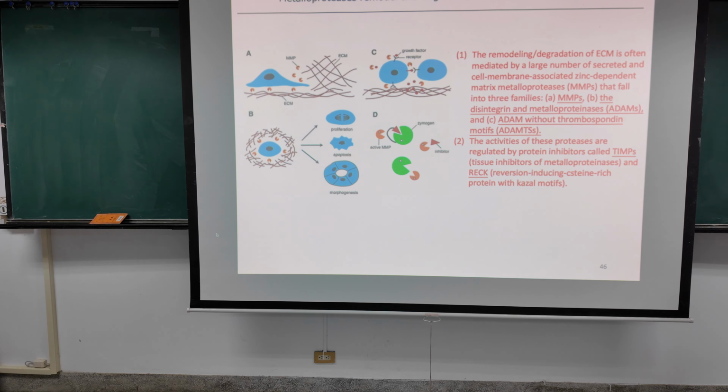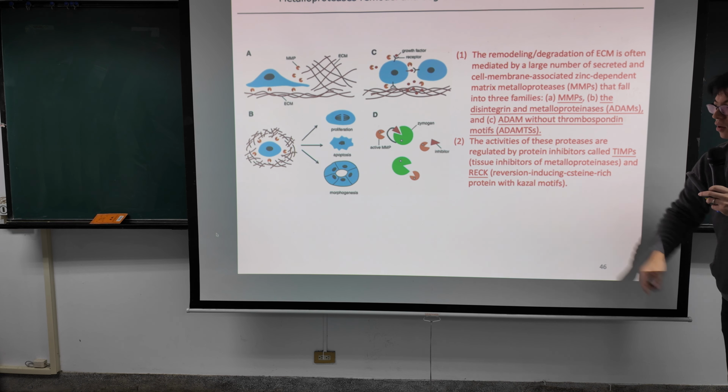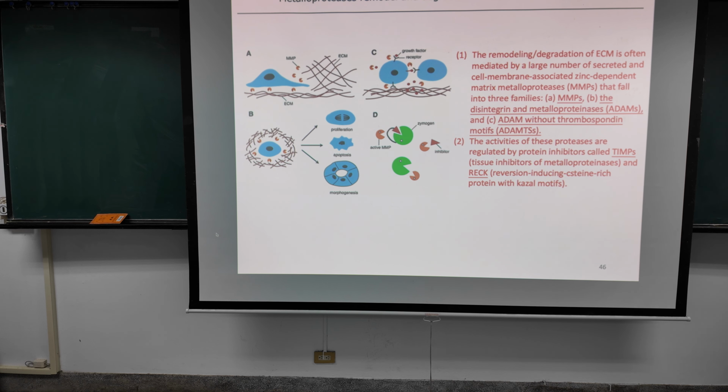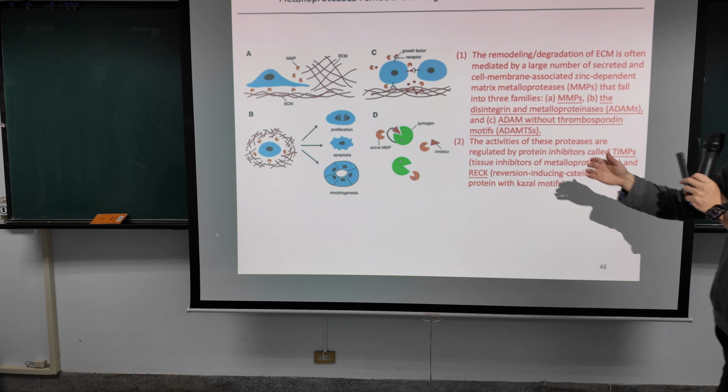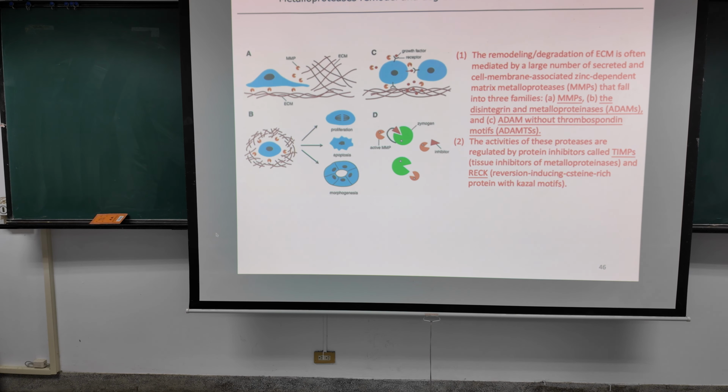MMPs, ADAMs, and ADAMTSs are the different families of enzymes that digest the extracellular matrix. Those enzymes also need to be highly regulated, otherwise they will destroy every extracellular matrix, right? So those enzymes are also controlled by different inhibitors like TIMPs and RECK. By doing this with the enzyme inhibitors, they can coordinate to digest the extracellular matrix properly for the cells to do the proper work.